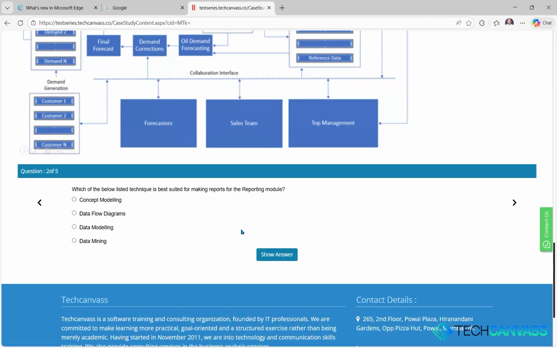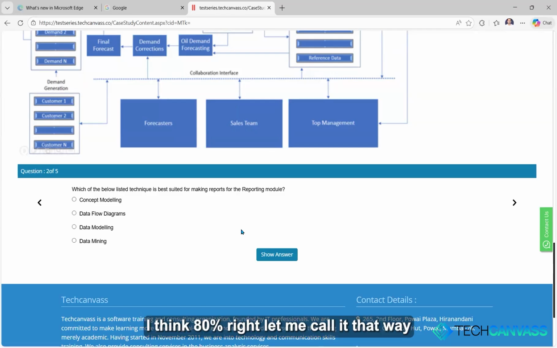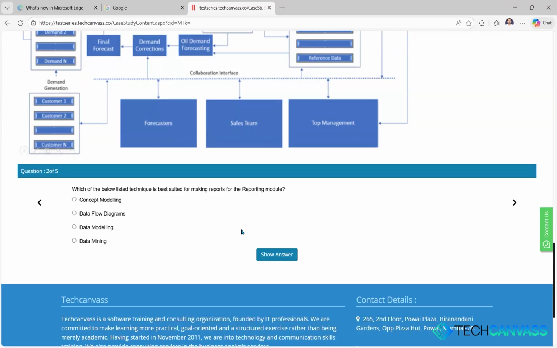Fair. You are absolutely right, I think 80% right. Data mining. Anyone? What do you think? What is data mining? What happens in data mining? Data mining helps to find the patterns with the previous reports.